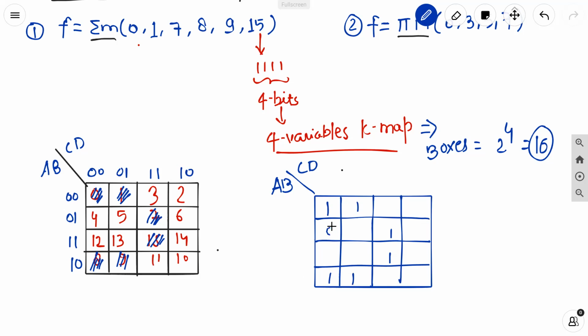The rest of the places are all 0. Because we are dealing with the SOP form, I have to group only the ones here.